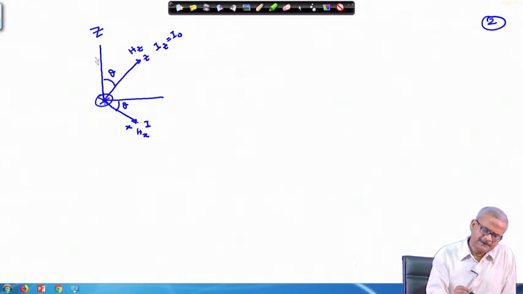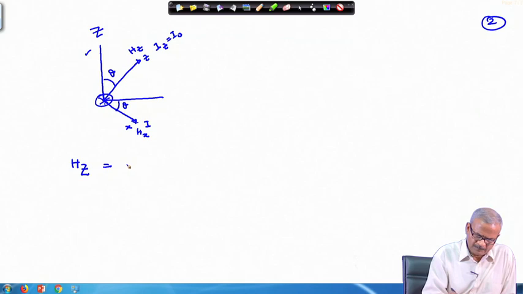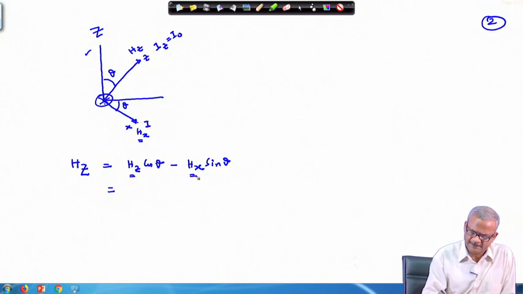So, from there you will not have contribution toward the h Z. So, h capital Z also we can write as small h z here cos theta, and from this place minus h x here cos theta sin theta, because this is in the opposite direction, and then just insert the value for h z and h x.